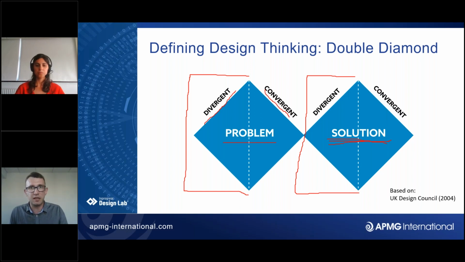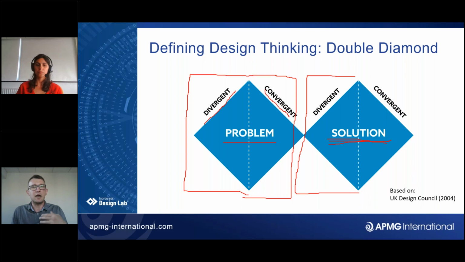Convergent thinking is focused on narrowing, focusing, and analysis. So in the problem diamond, when you as a team have found a lot of knowledge about the problem and the challenge, you made stakeholder research, you tried to understand your stakeholders.